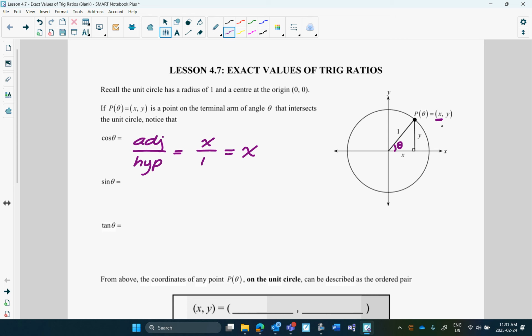Okay? For sine, well, sine is opposite over hypotenuse. But in this triangle, the opposite side is called y, the y coordinate of the unit circle, over the hypotenuse 1, which is y.